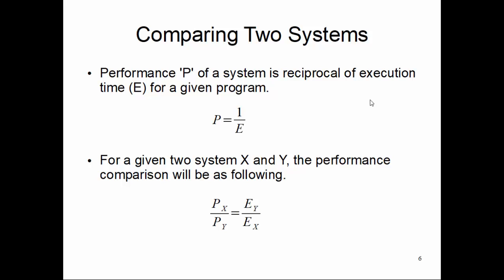So you can measure the execution time of your program, and your performance is just 1 by E. Now, to compare the performance of two systems X and Y, we take the ratio of the performance of system X to the performance of Y. By the definition of performance in terms of execution time, it becomes the ratio of the execution time in Y to the execution time in X. So Px by Py equals Ey by Ex. That comes straight from the definition.